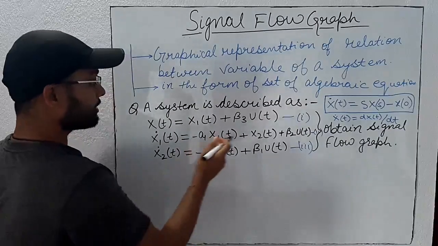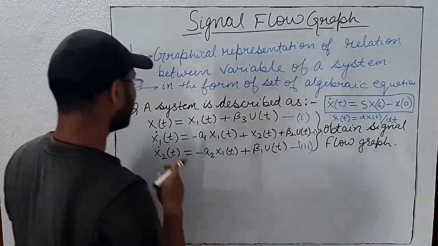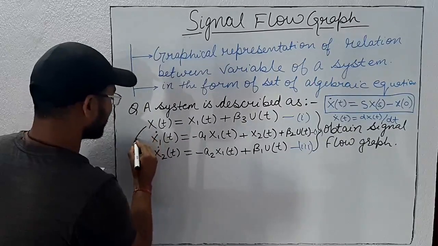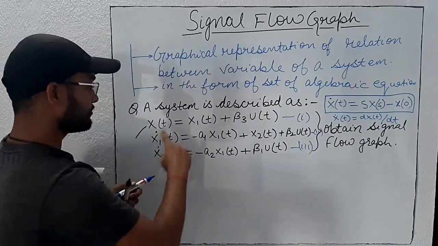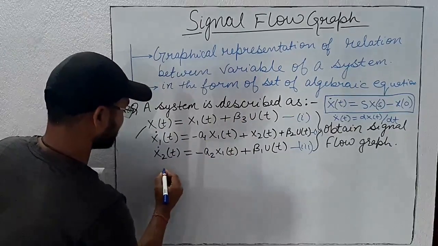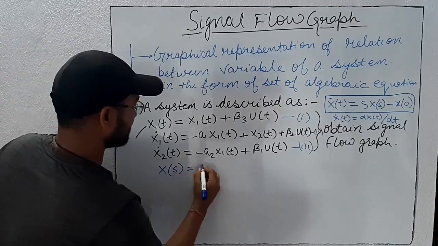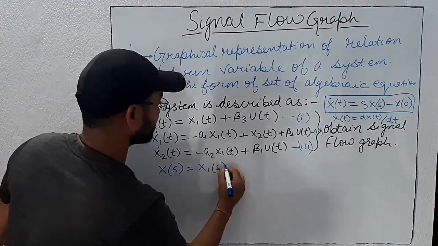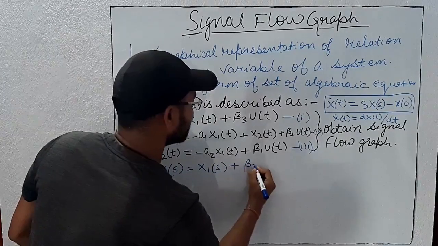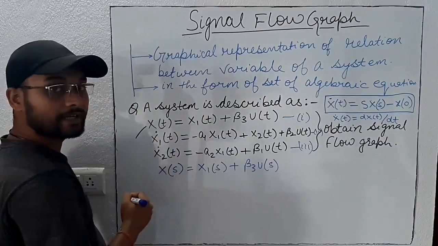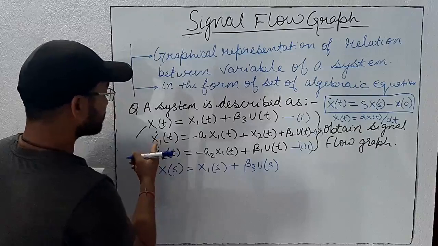First of all, for all these three equations, we will convert them into their Laplace transforms. Writing the first equation, we will get xs equal to x1s plus b3us. Now the second equation, x1 dot t.